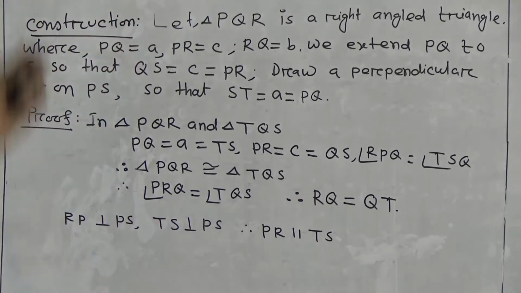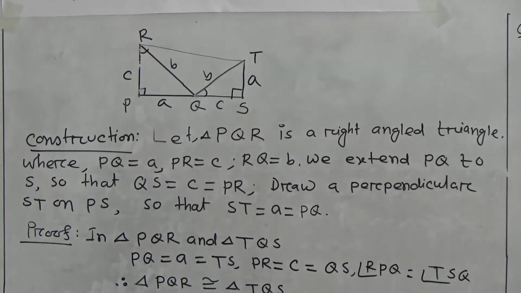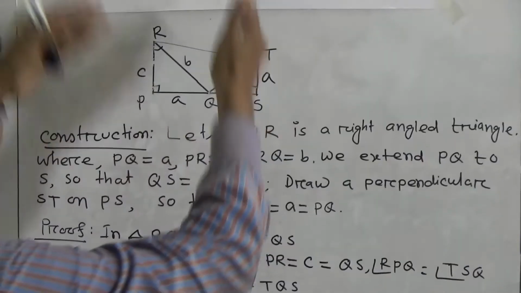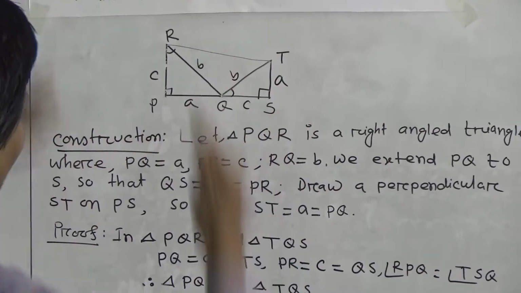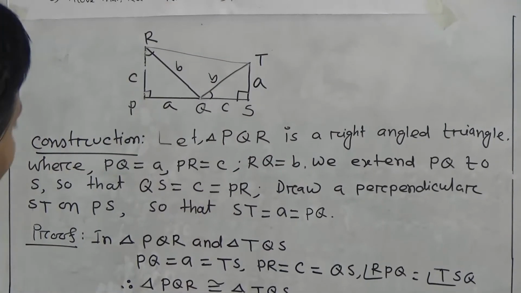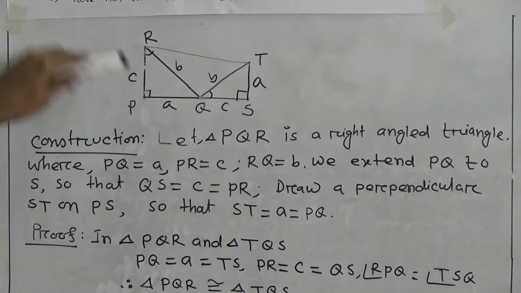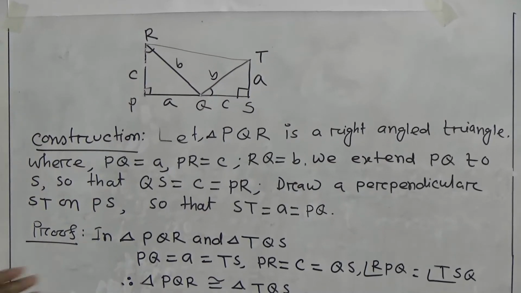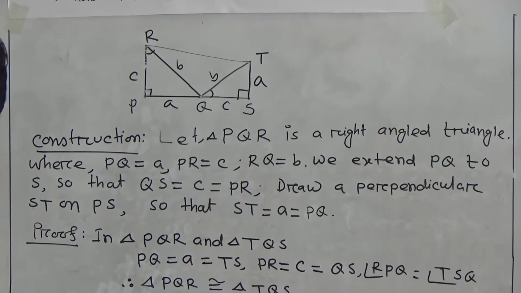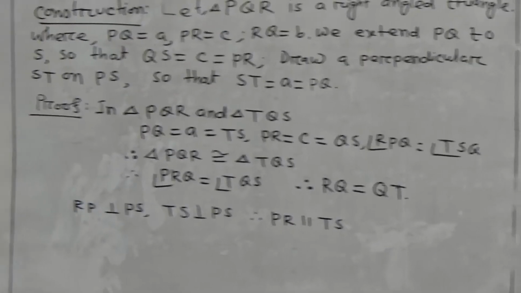You see PR and TS are parallel. If you expand PR and ST on both sides, then you observe carefully, RP and ST do not intersect each other. Okay, so PR and ST are parallel.